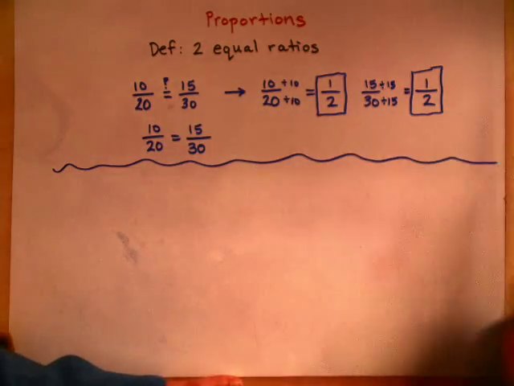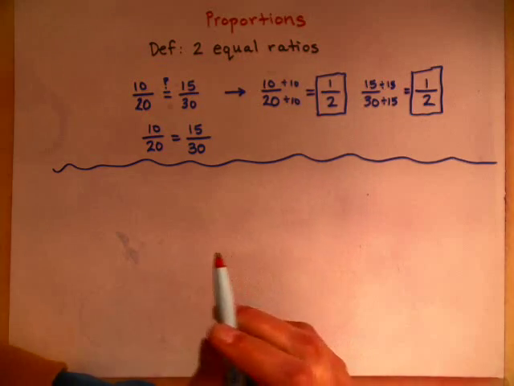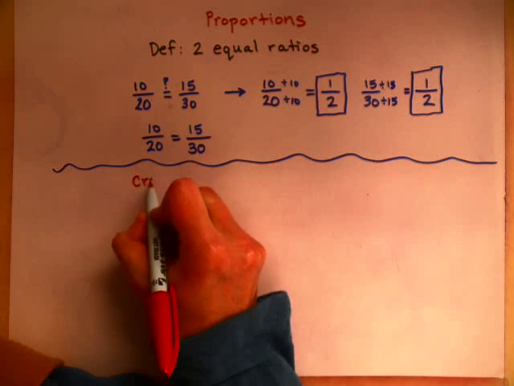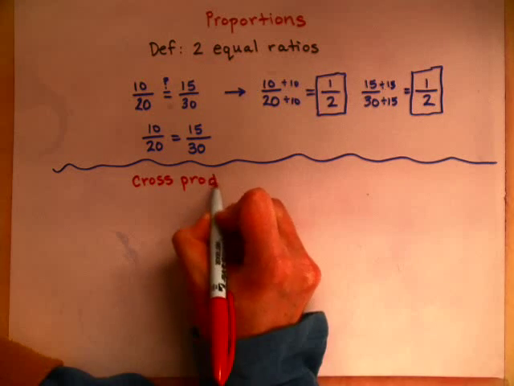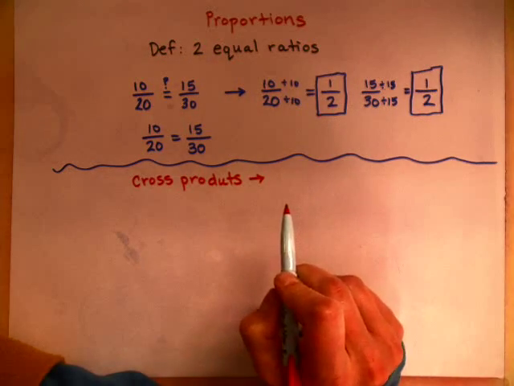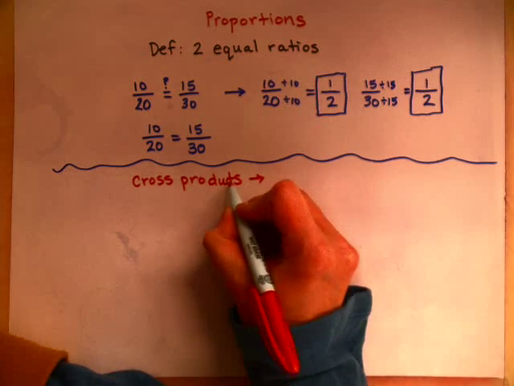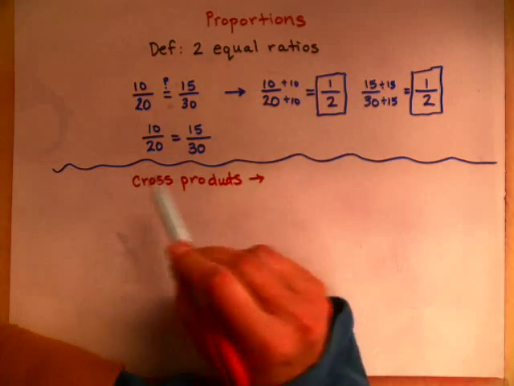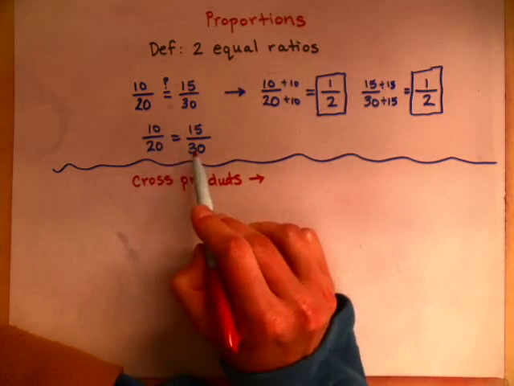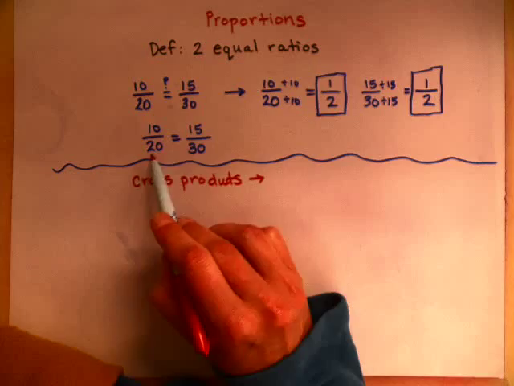Alright, draw a little line. Do the next example. The next one deals with cross products. I might even just write a definition of cross products. Cross products, oops, I wrote products. There's a C. Cross products is when you multiply the numbers across from each other, you should get the same number.